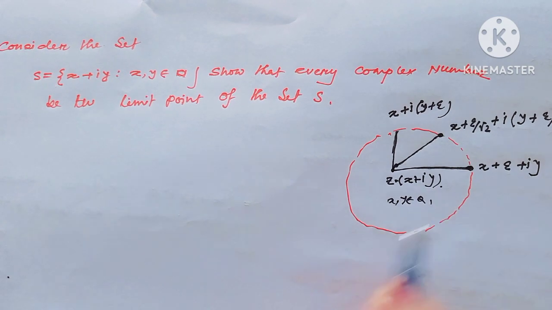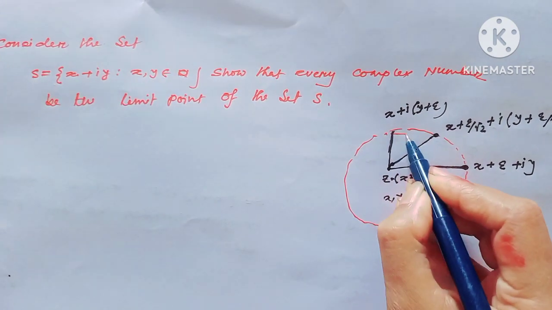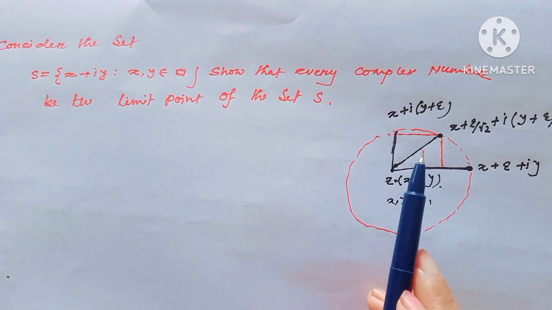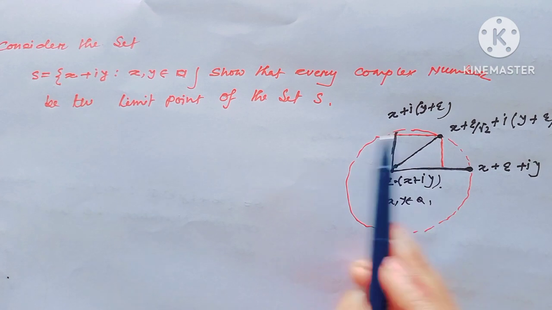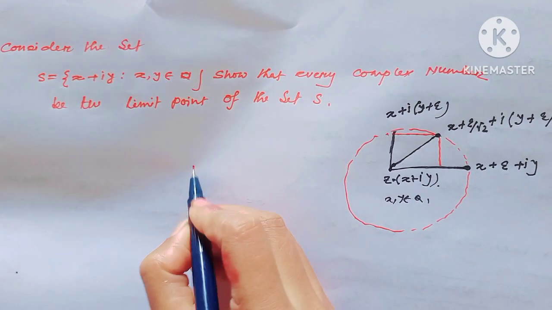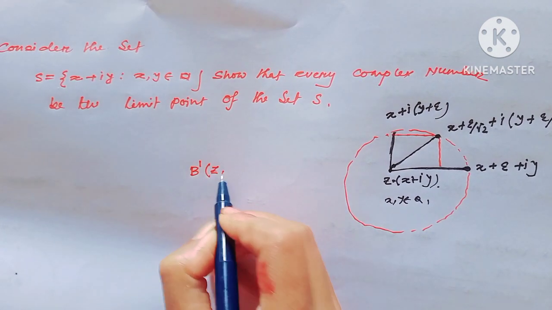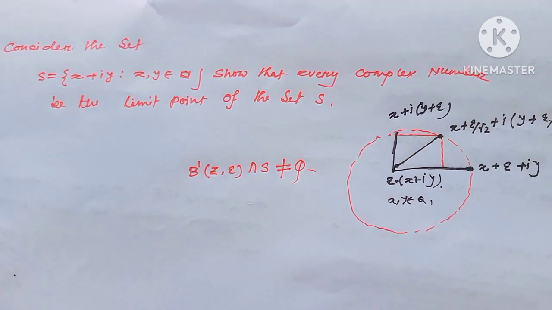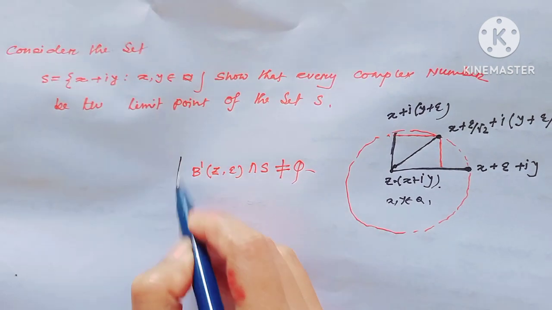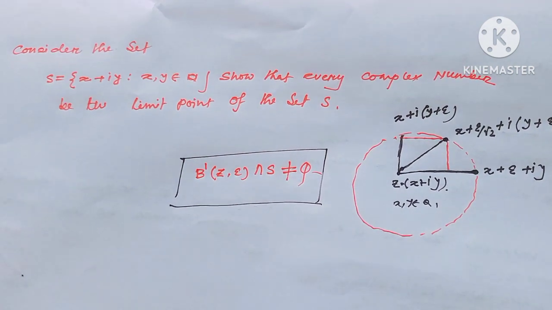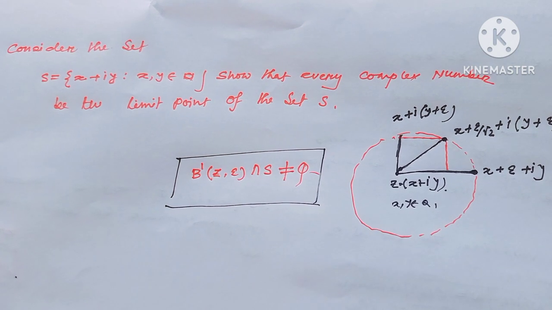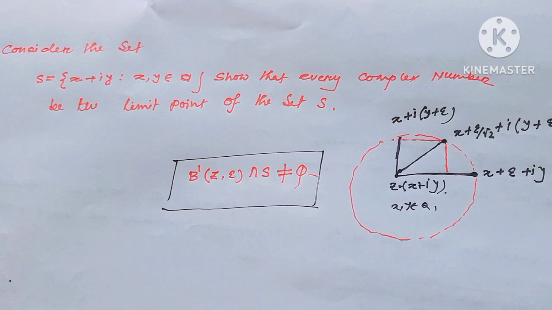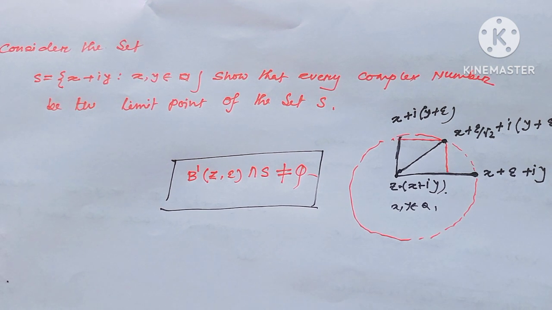Take this epsilon ball, then take this square. This square always contains this epsilon ball. Therefore, the punctured ball B prime of z, epsilon, intersection S would always be not equal to phi. That means this ball always intersects the set S, where the set S is x plus iy with x and y belonging to the rational numbers.